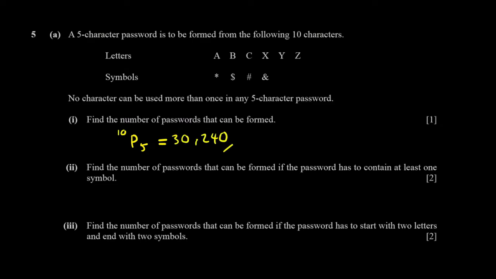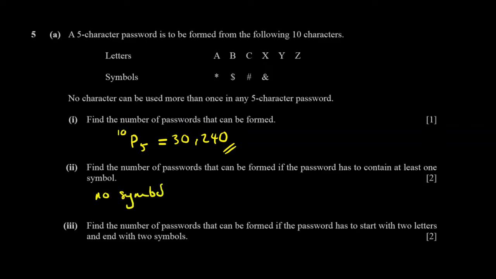Okay. All right, then, part B, find the number of passwords that can be formed if the password has to contain at least 1 symbol. So we can imagine it's got 1 symbol, 2 symbols, 3 symbols, or 4 symbols. But the easiest way to think about this is to imagine the situation that you can't have, which is if we've got no symbols. Okay, so we're going to think about that.